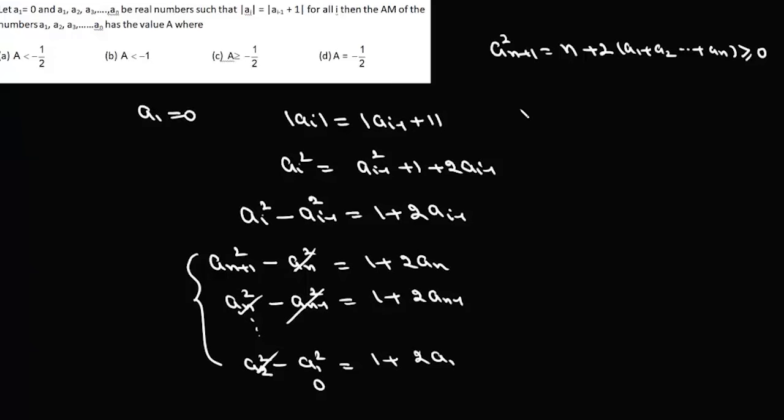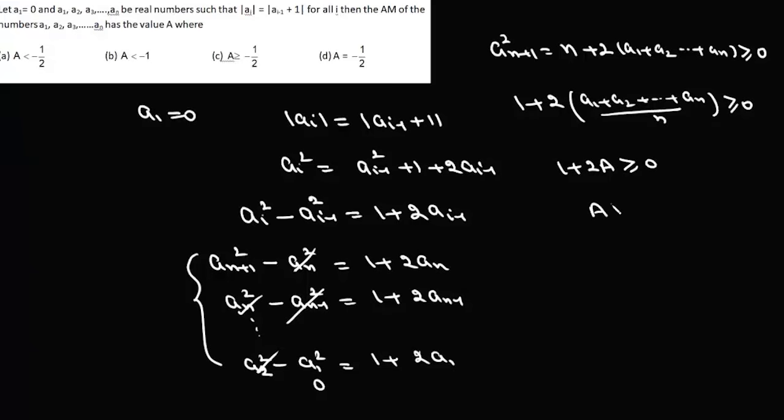Now if we divide everything by n, we can write 1 plus 2 into (a_1 plus a_2 plus ... a_n) by n, that is greater than or equal to 0. This is nothing but the arithmetic mean of these values a. So we'll get 1 plus 2a is greater than or equal to 0, or a is greater than or equal to minus 1 by 2, and that's your option C.